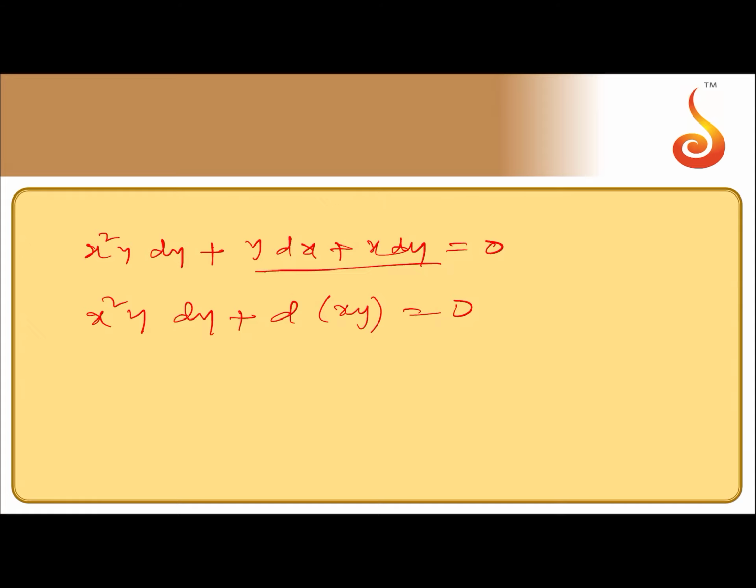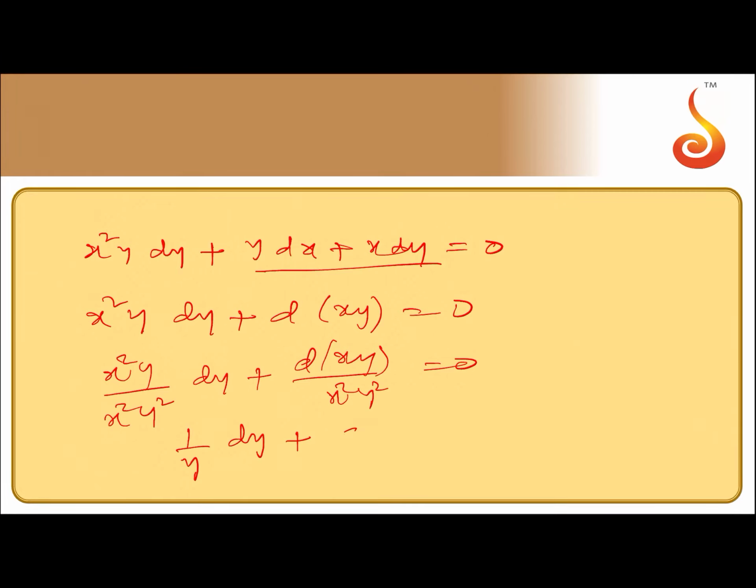Dividing by x square into y square, x square y divided by x square y square into dy plus differential of xy by x square y square is equal to 0. Then you can rewrite this as 1 by y dy plus differential of xy divided by xy whole square is equal to 0.